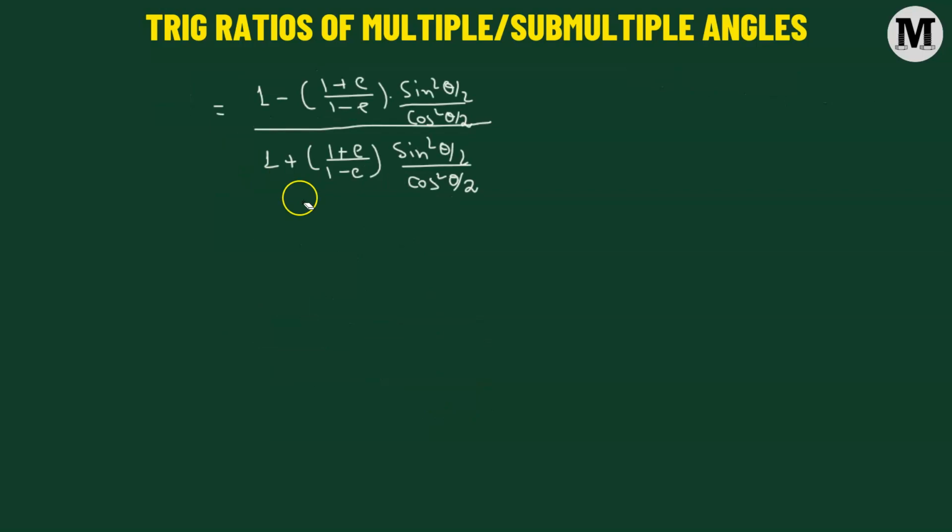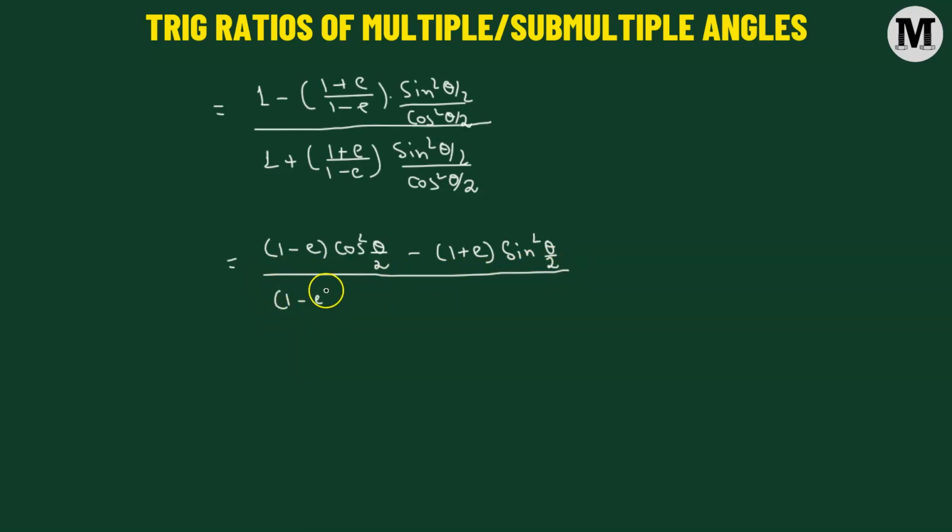We're going to simplify this by multiplying both numerator and the denominator with (1 minus e) times cosine squared theta over 2. That's going to give us (1 minus e) times cosine squared theta over 2 minus (1 plus e) times sine squared theta over 2, whole divided by (1 minus e) times cosine squared theta over 2 added to (1 plus e) multiplied to sine squared theta over 2.